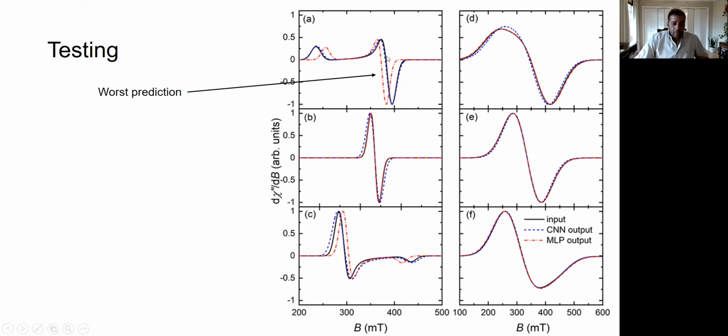This here is the worst prediction, and it's actually not that bad. So what we find here is that if we train these artificial neural networks with adequate data, then we can make very accurate predictions about the material parameters. And this is basically the main finding of this study that I wanted to show you.